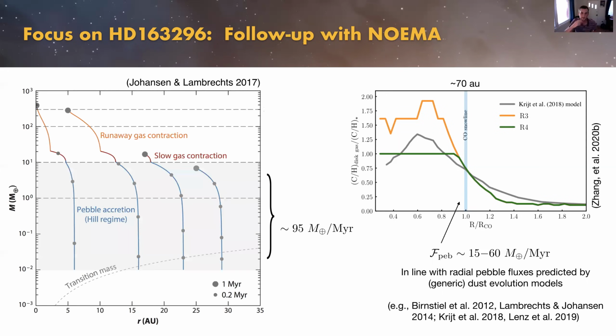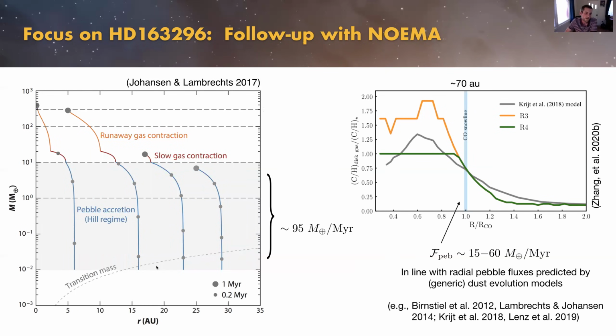And just to put it in context a bit more, modern models that try to reproduce the solar system gas and ice giants find that for this intermediate regime where the cores are growing mostly via pebble accretion, you need something like about 100 Earth masses per million years. So this is a fairly comparable flux.